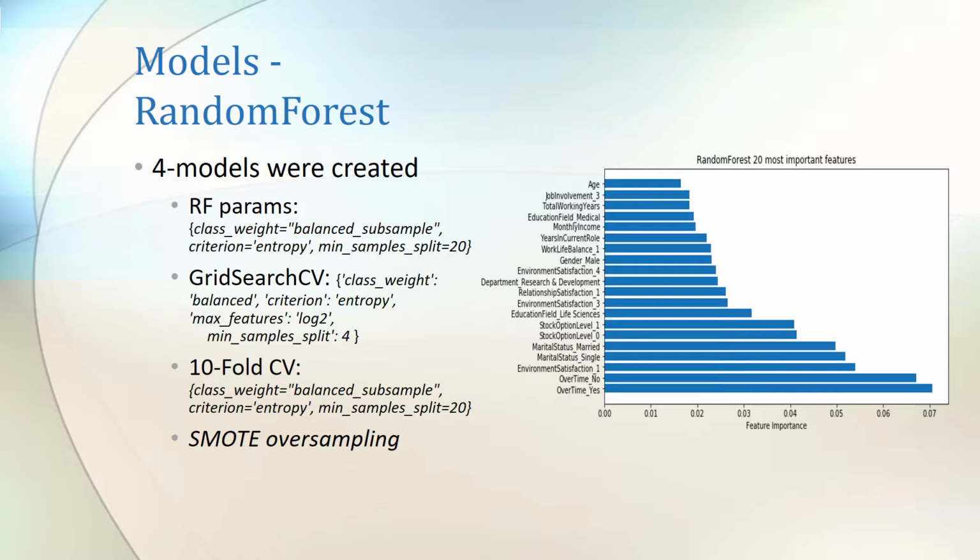However, the interesting thing is it gives importance to gender male as well, while we saw that the difference between male and female attrition rates is very small. While it is not giving that much importance to monthly income and age, which seemed like good predictors when we did the visual exploration.